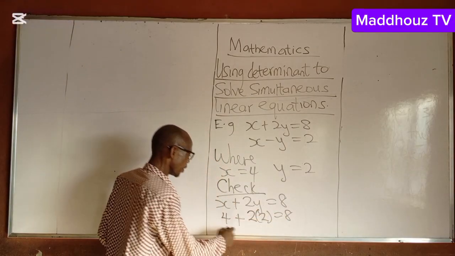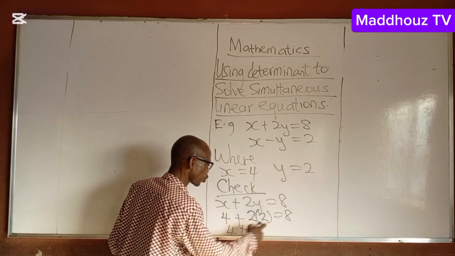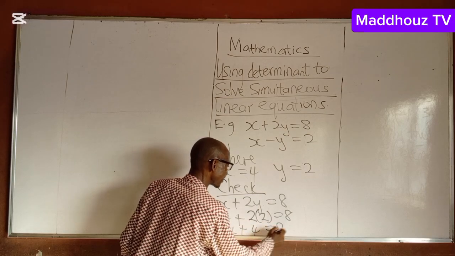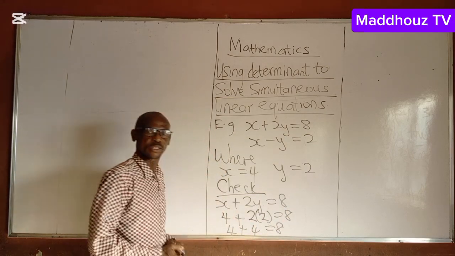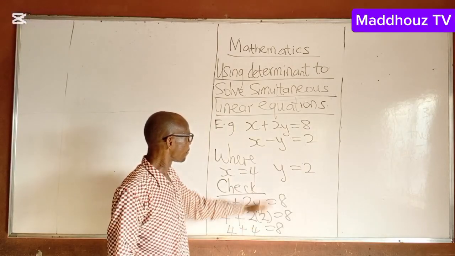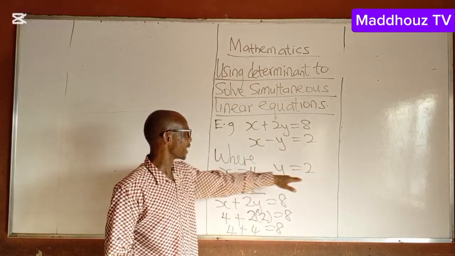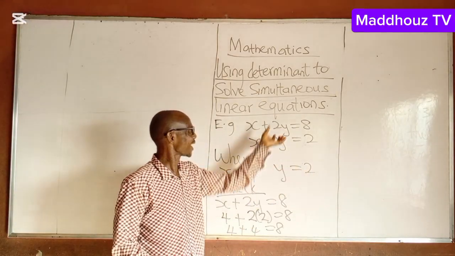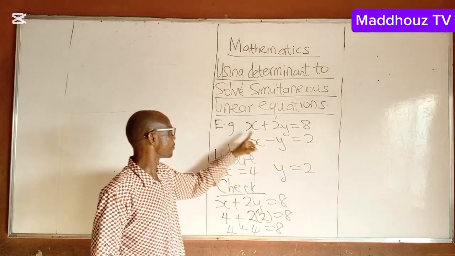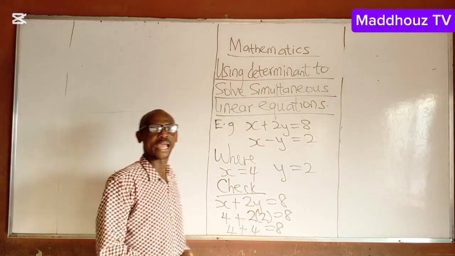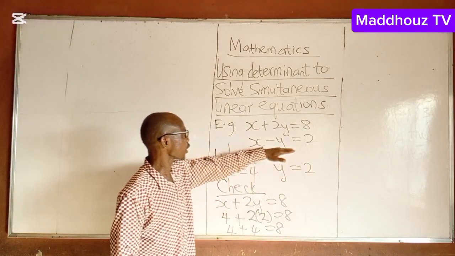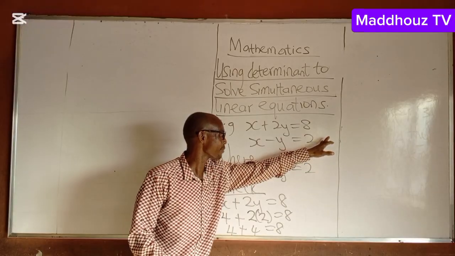So 4 plus 2 times 2, which is 4, is equal to 8. So it means the values of 4 and 2 satisfy the equation when substituted for x and y. If you do the same thing for the other equation, we are still going to arrive at 2.